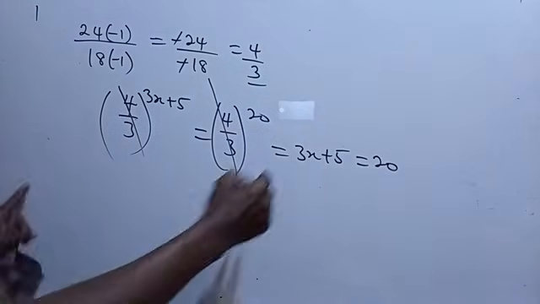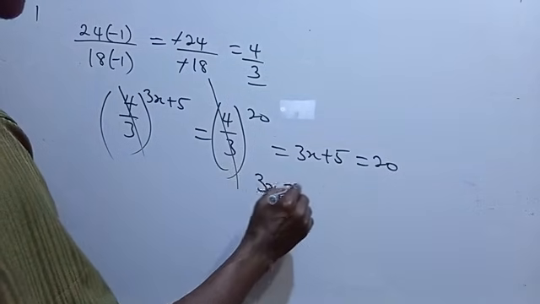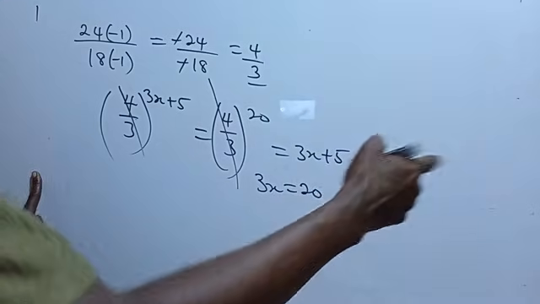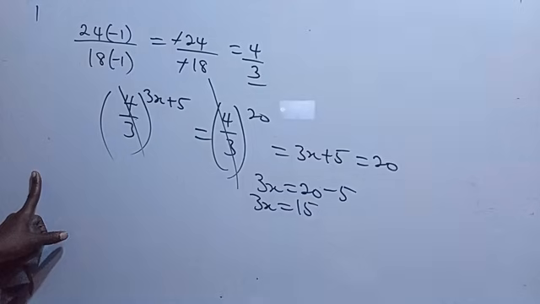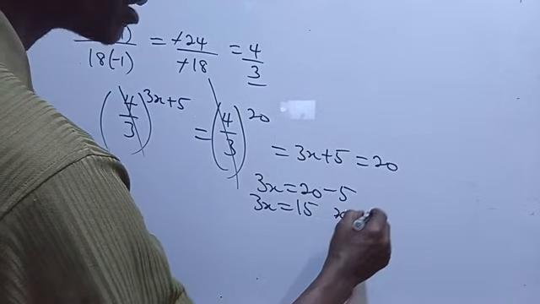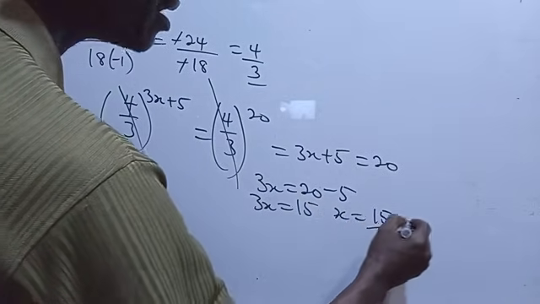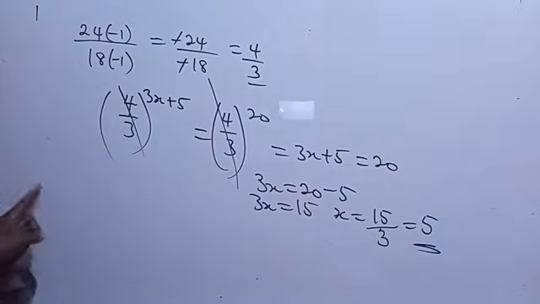So how do you get x? Collect like terms: 3x is equal to 20 minus 5, so 3x is equal to 15. Divide both sides by 3. x is equal to 15 over 3. So x is equal to 5. The answer to this problem is x equals 5.